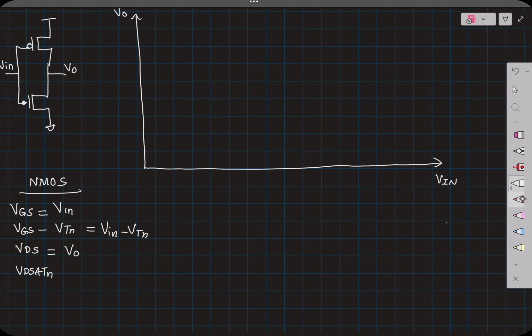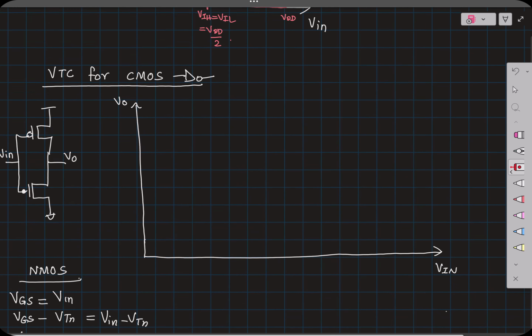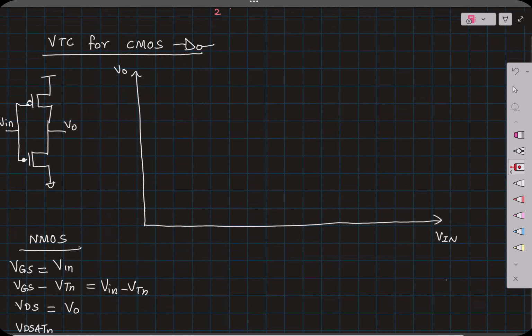Now when your V input is equal to 0, what region is your NMOS transistor in? This is in cutoff because your Vin is 0, therefore VGS is smaller than VTN, it is in the cutoff region. What about your PMOS transistor? So let me quickly write out the conditions. What is the VSG for the PMOS transistor?